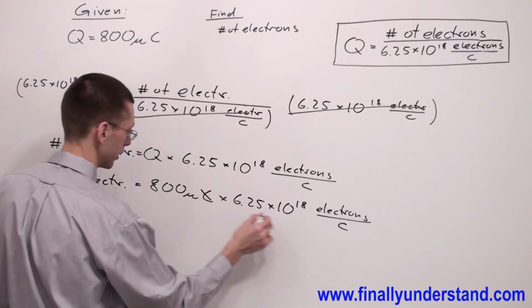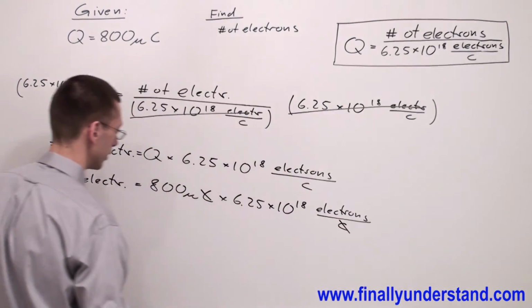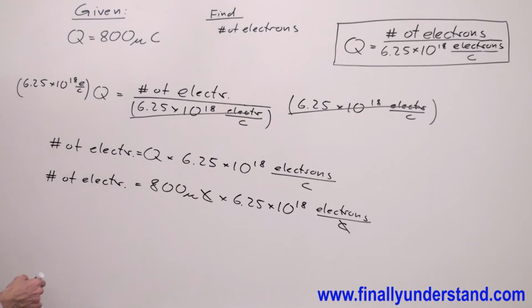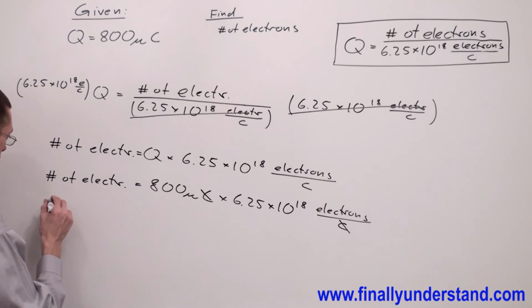Remember, coulomb and coulomb will cancel out, and I'm going to simply multiply 800 microcoulombs times 6.25 times 10 to the 18.